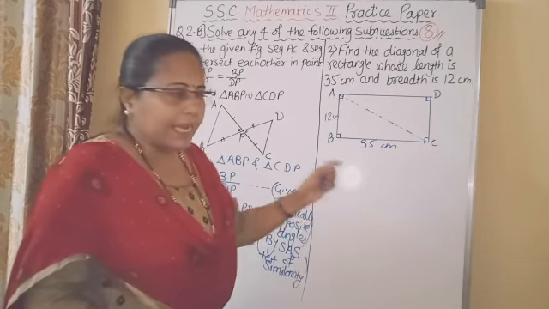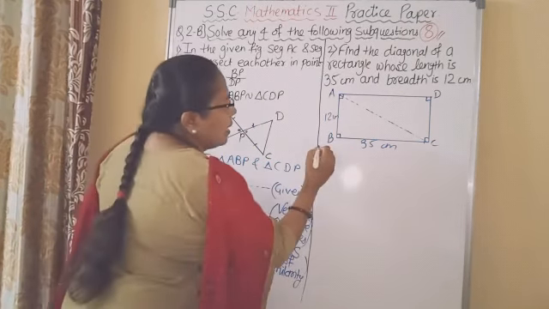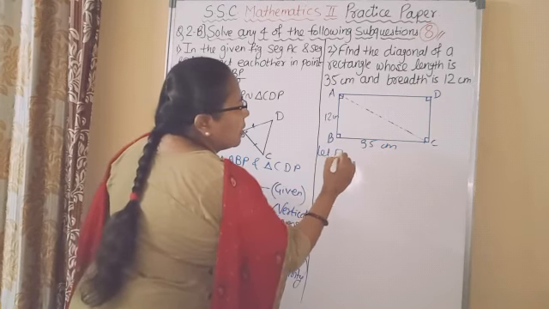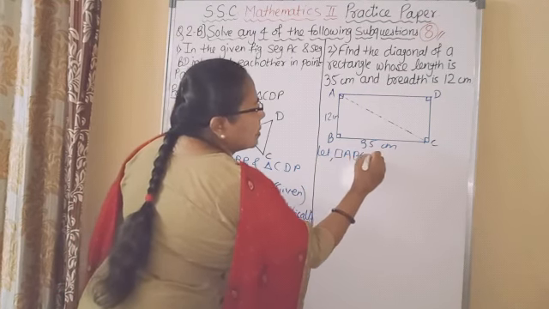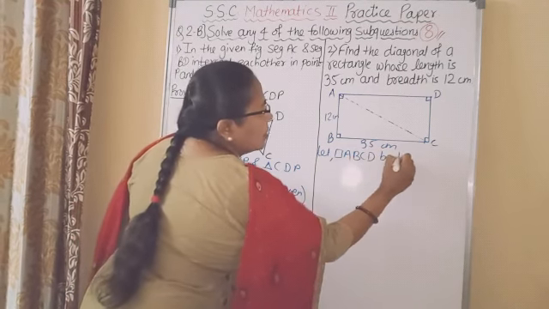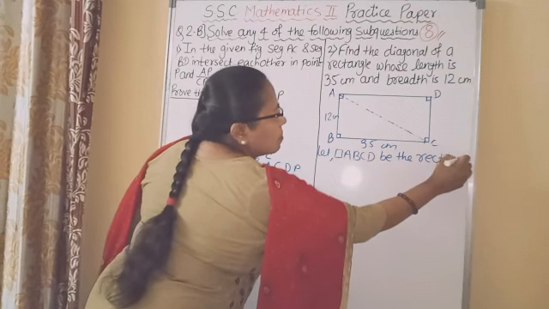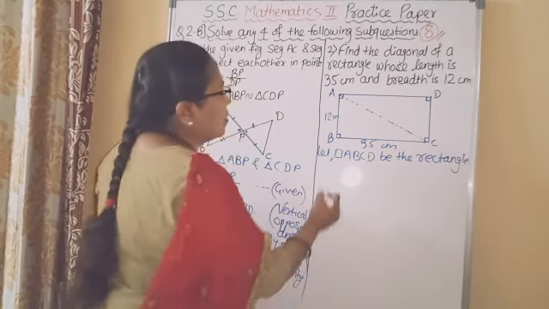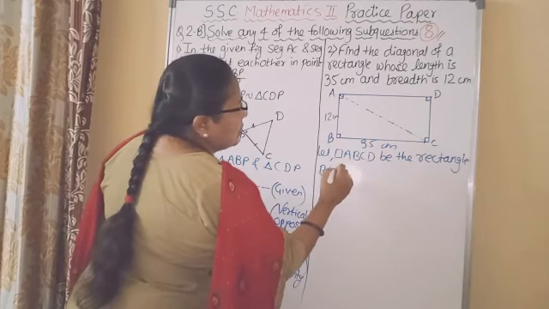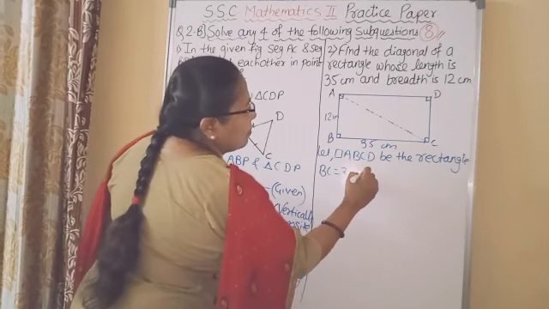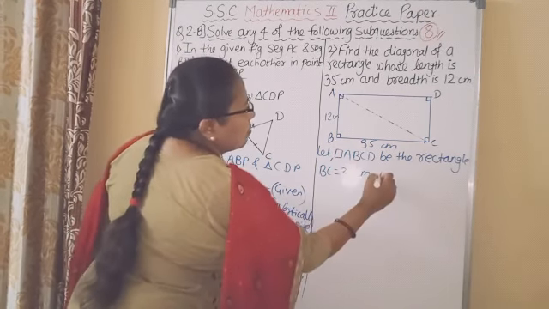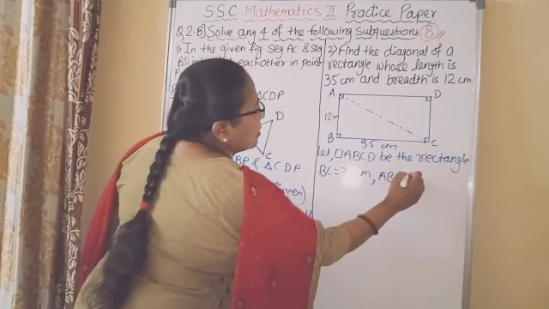Okay, so first we will write this in the solution. Let quadrilateral ABCD be the rectangle. BC equal to 35 centimeter, AB equal to 12 centimeter.